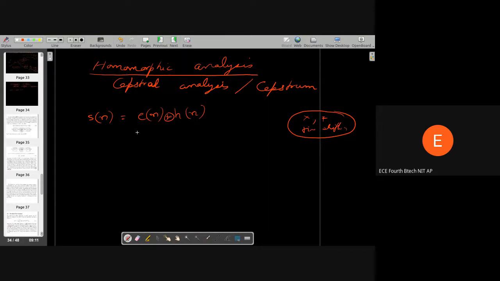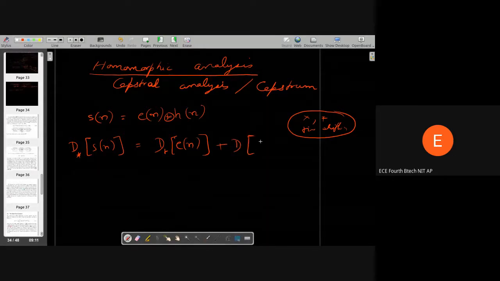However, suppose there was some operation, let's denote it by D star, that we could do to convert this into a summation. Then things become much easier to separate, segregate, and analyze.